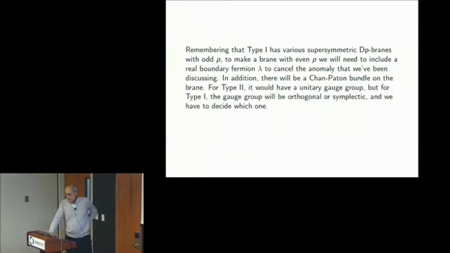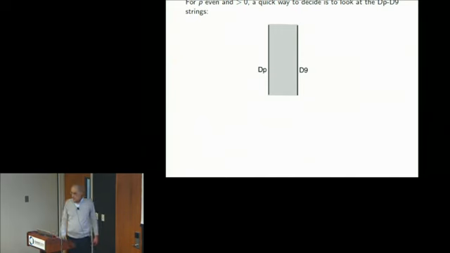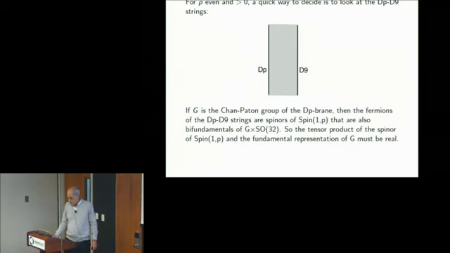For type 2, it would be a unitary gauge group, but for type 1, it will be orthogonal or symplectic when p is even, and we'd like to decide which one. There's actually a quick way to decide, which is to look at the Dp-D9 strings and ask that they should be real. You have to modify the argument if p is minus 1, but if p is bigger, the fermions are spinors of spin(1,p) that are also bifundamentals of G times SO(32).